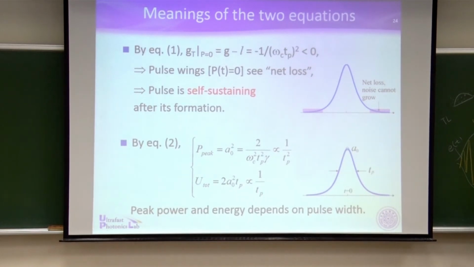And if you check equation 2, you can see your peak power by formula is A0 squared, and it's proportional to 1 over Tp squared. Total energy is proportional to 1 over Tp, and so forth. So it means peak power and the pulse energy depend on pulse width.